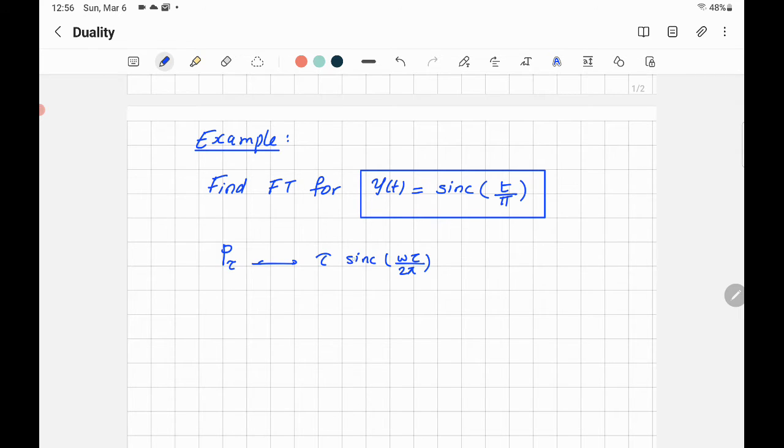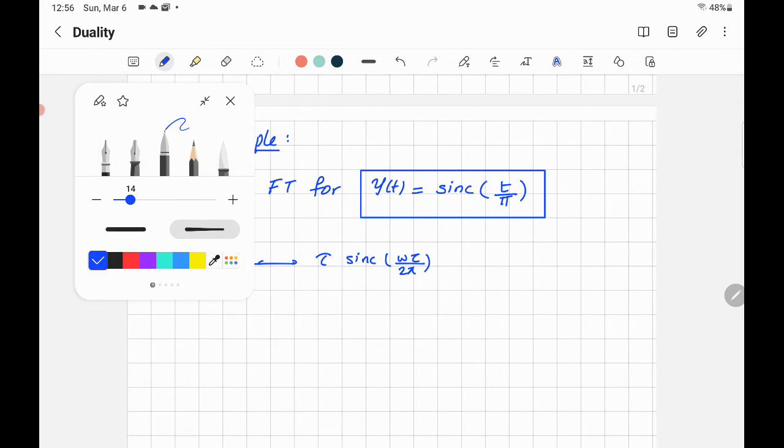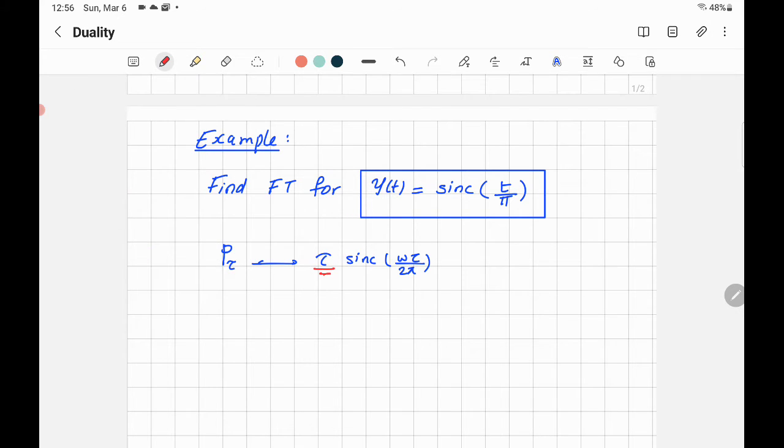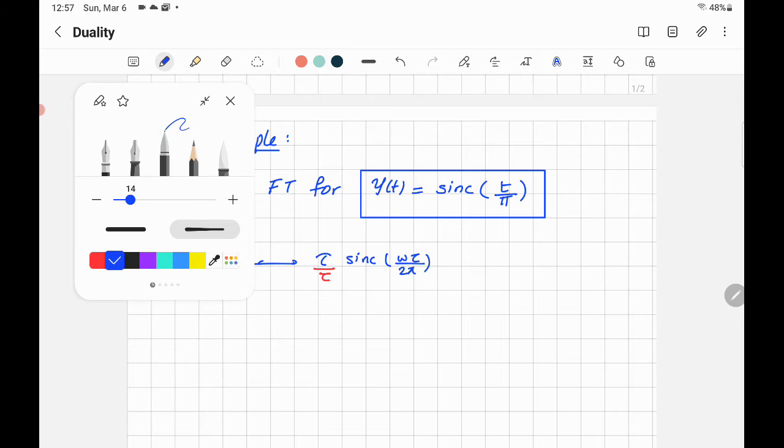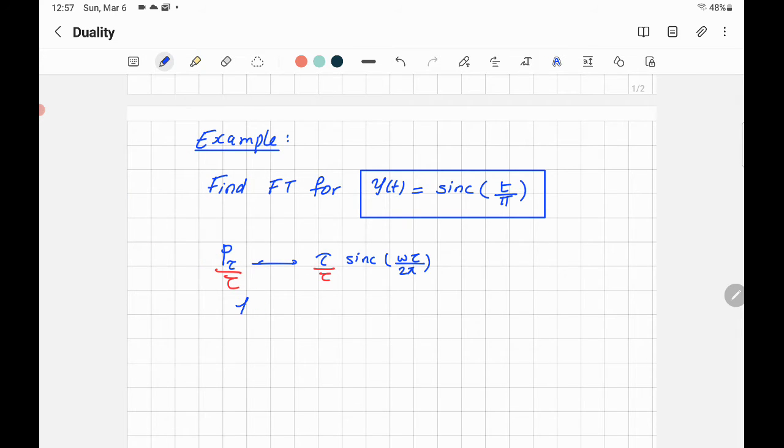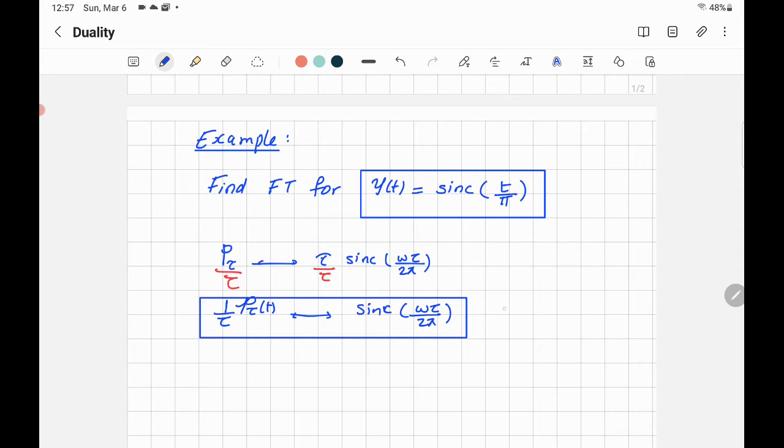And if you only want to find sinc, you can divide both by tau. So you will have the Fourier transform of 1 over tau times the rectangular pulse equal to sinc of omega tau over 2 pi. So you know from the table, that's from the table.